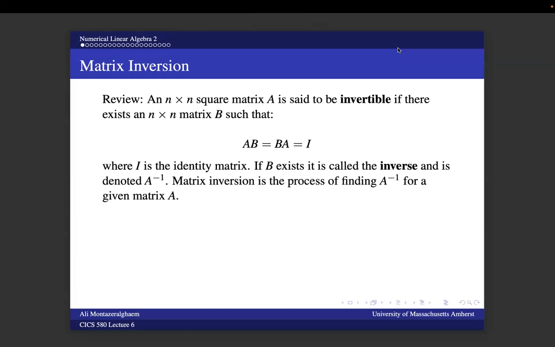So today in this lecture, I will talk about matrix inversion. Just a review for matrix inversion.